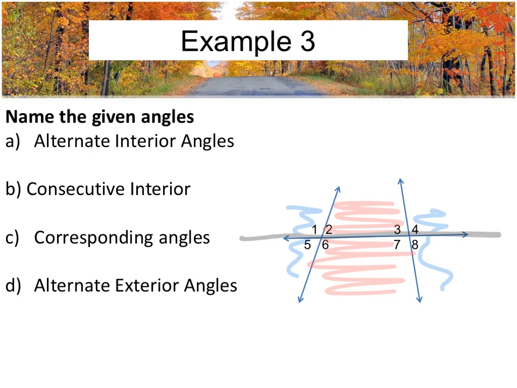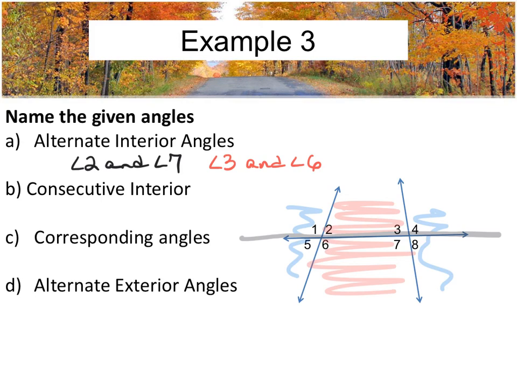So we could say 2 and 7 would be a pair of alternate interior, and 6 and 3. These are your pairs of alternate interior. Let me get rid of those marks.